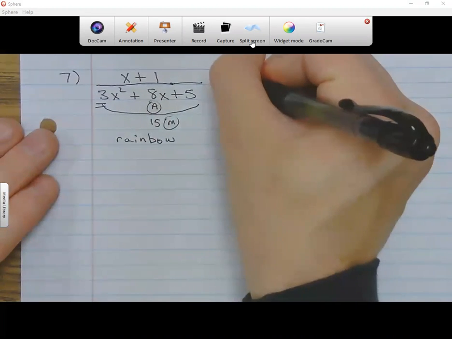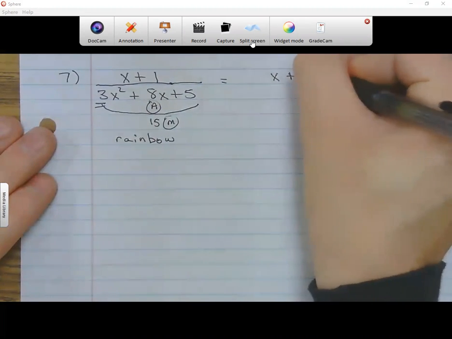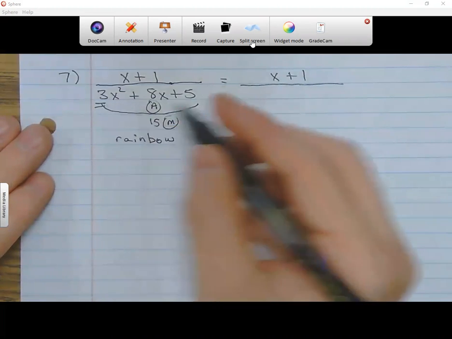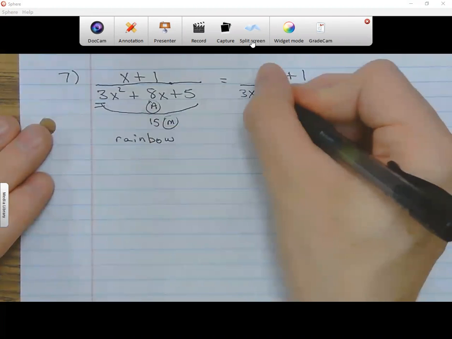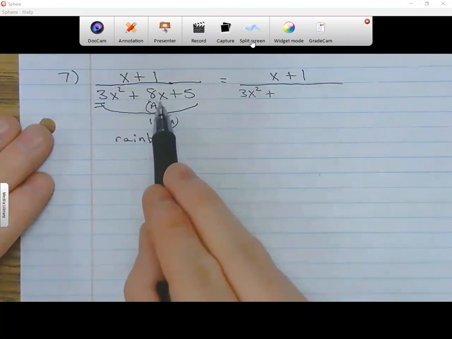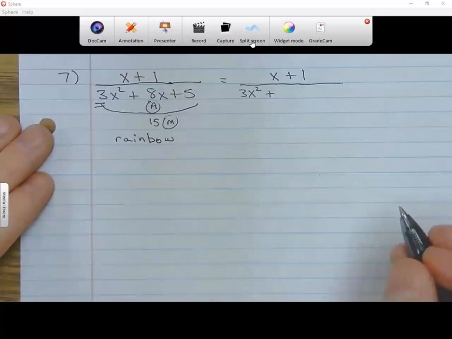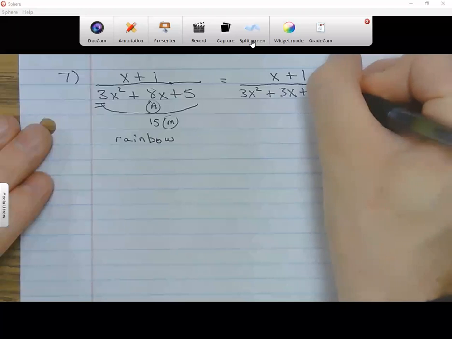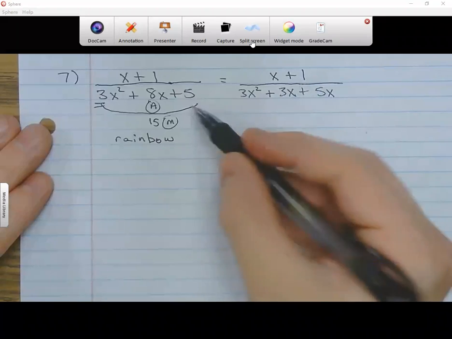So what I can do is leave the top the same right now, and the bottom, I can break this down into 3x squared, and then the 8x is going to split, right? This 8x is going to split: 3x and 5x. And then I bring down my plus 5.